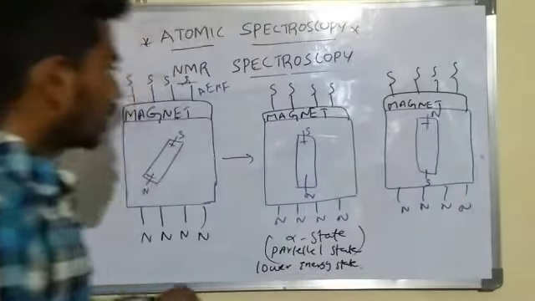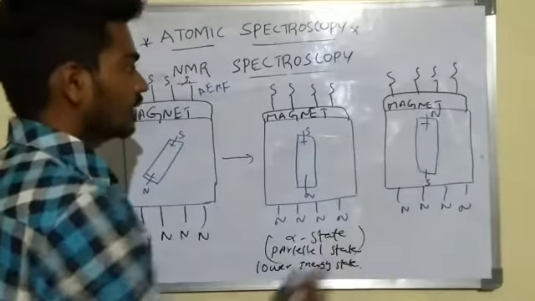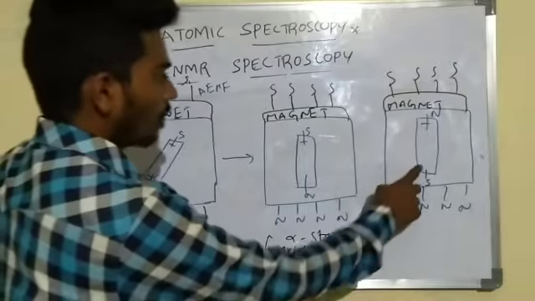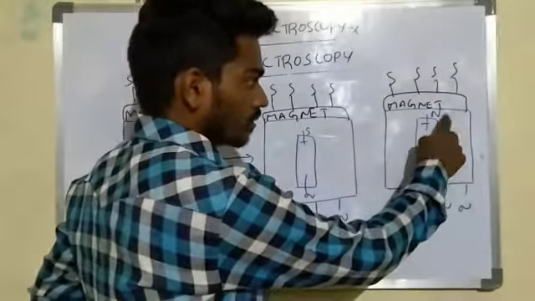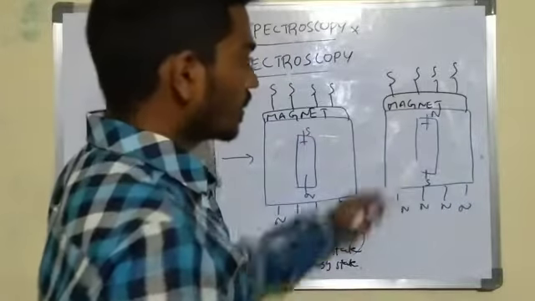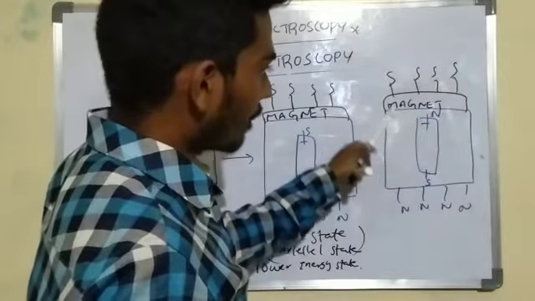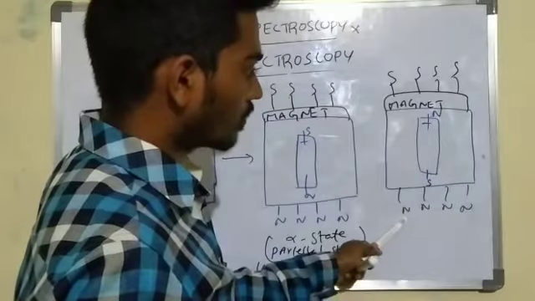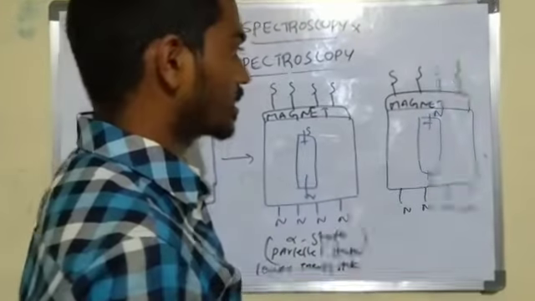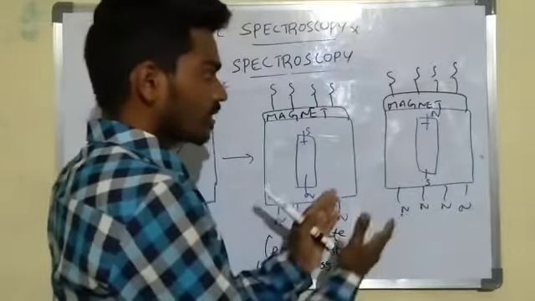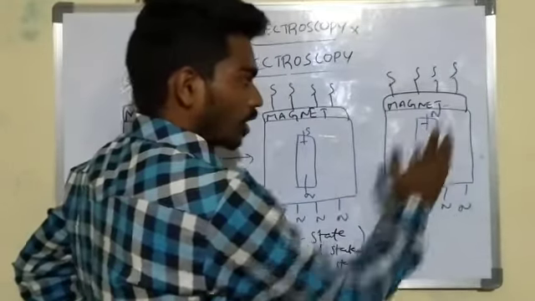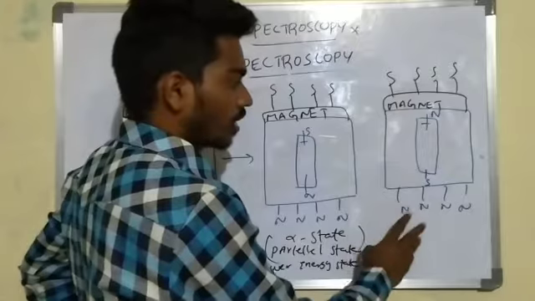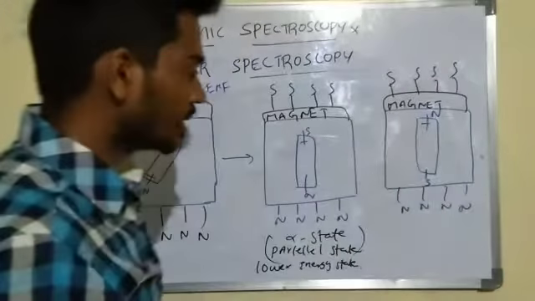Okay. Whenever we see this situation, it is in the opposite direction. The north pole of this nucleus and the north pole of the applied magnetic field are in opposite directions.